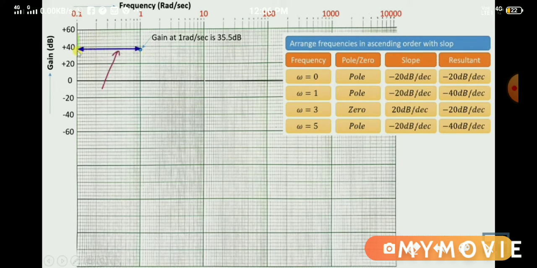magnitude table, right. For omega equals to 0, we have resultant slope minus 20 decibel per decade. So minus 20 decibel per decade means this line.